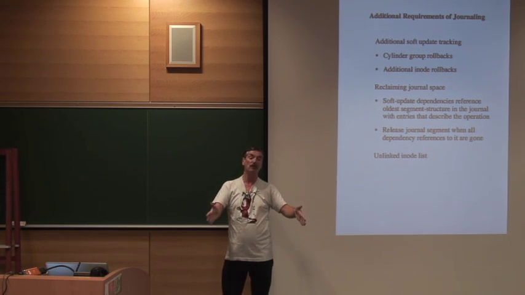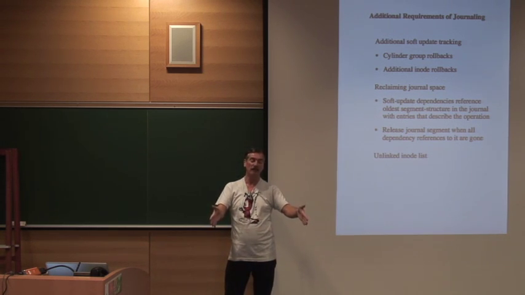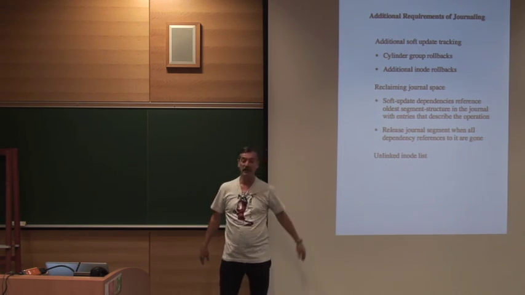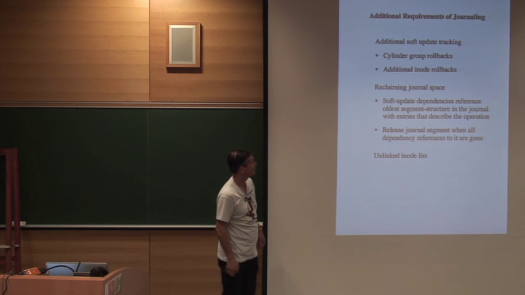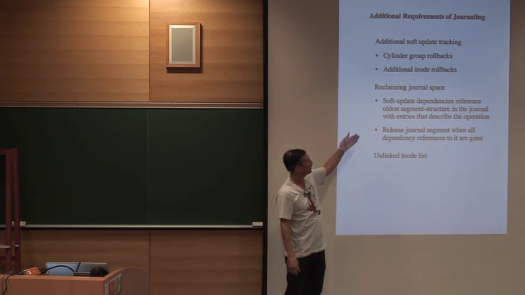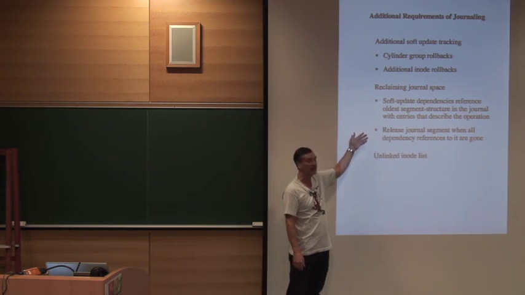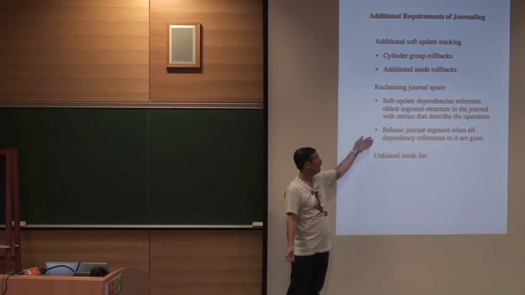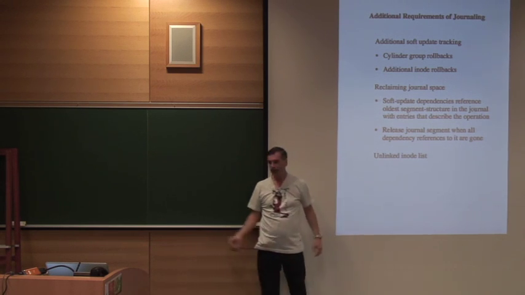So we concentrate on getting rid of stuff that's going to free up entries that are old in the journal, because that's the thing that's going to help the problem at hand. Okay, and as I said, things are aggregated into segments. There's a paper which I'll give you a reference to, so if you actually care about this stuff, you can go read the details. But when all the dependencies within a segment have been dealt with, we can then release that segment.